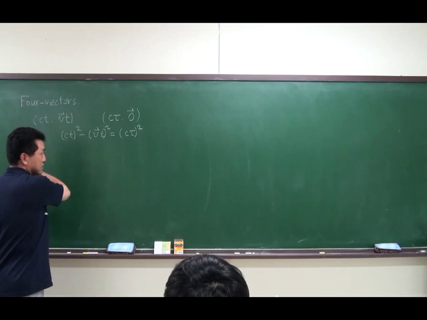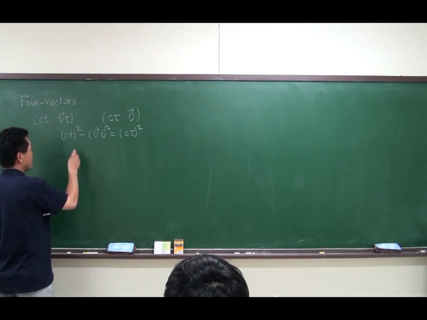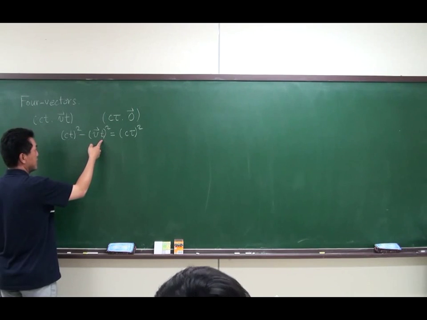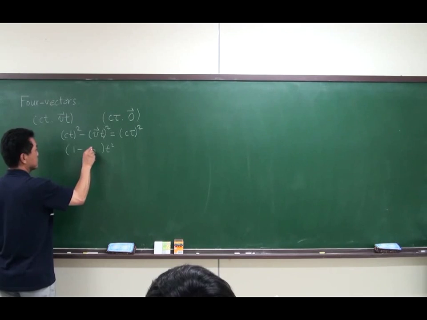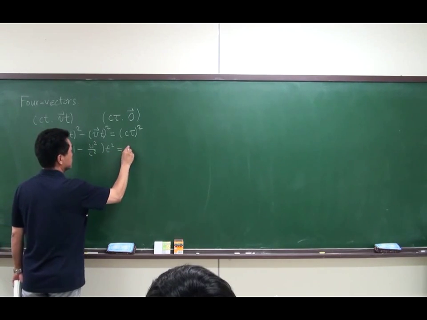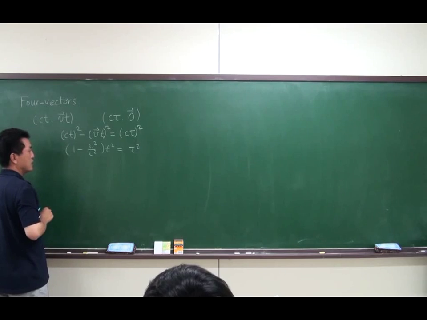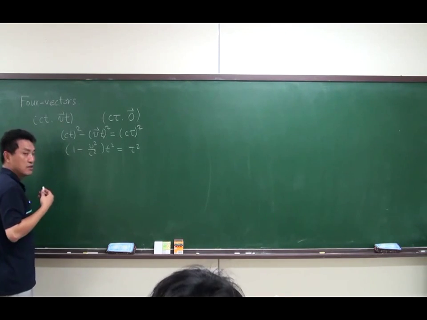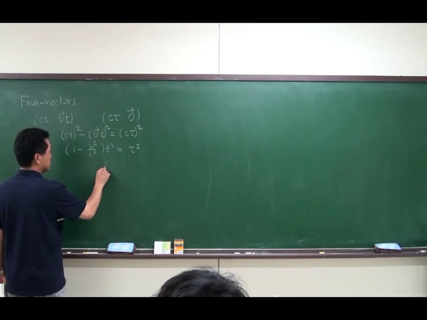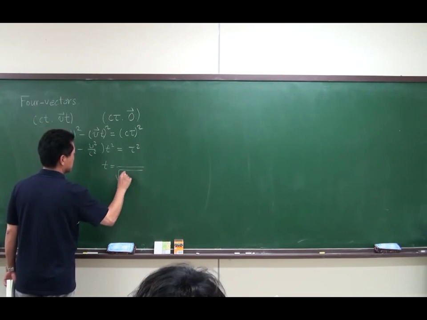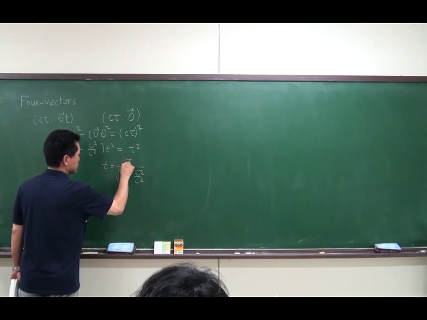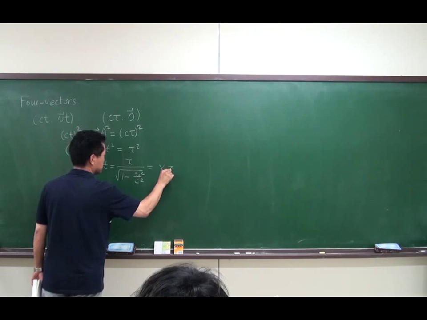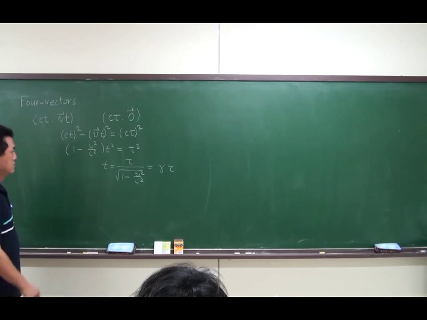If I divide both sides by c squared and factor the left hand side with t squared, and take the square root and take only the positive root, this is the time dilation relationship.